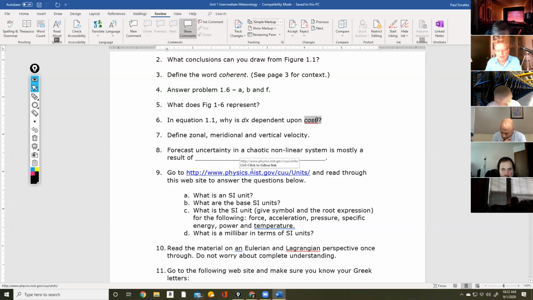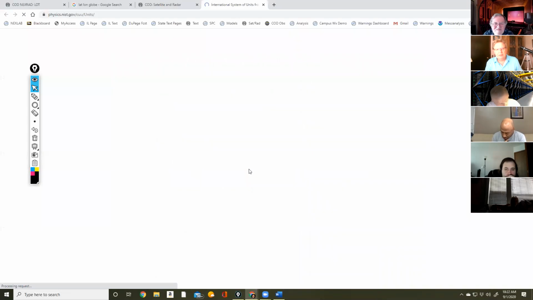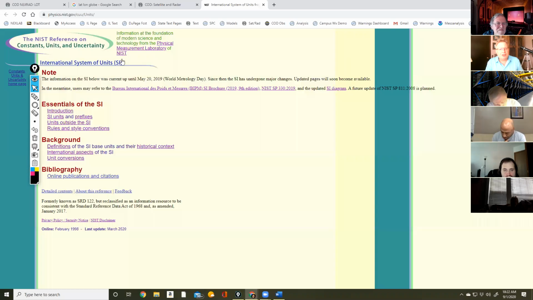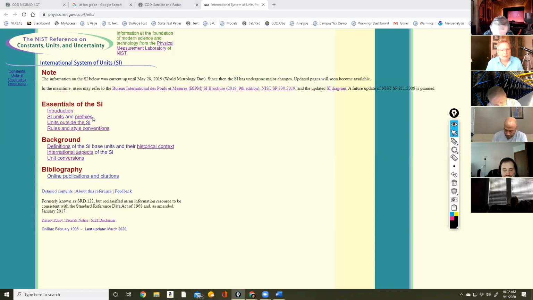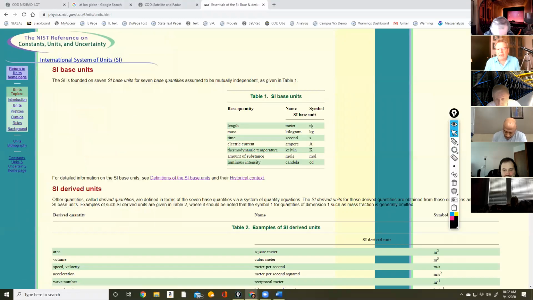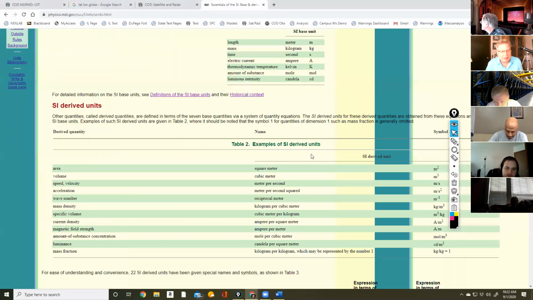By the way, here's what we were talking about. I'm going to click to follow this link. Here's your International System of Units. There's your basic units: meters, kilogram for mass, seconds, amps, which we'll never use in this class, kelvins, moles, and luminous intensity, candelas, which I've never used. But that's just me.